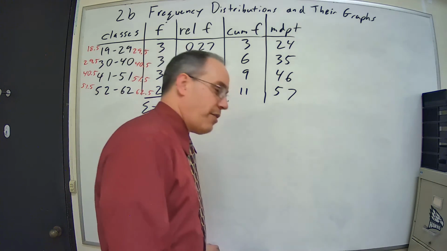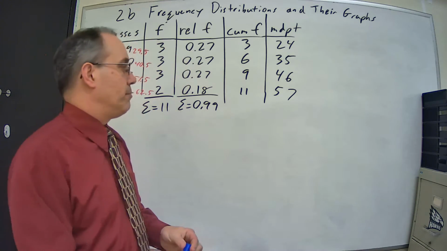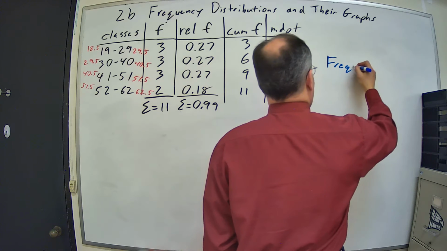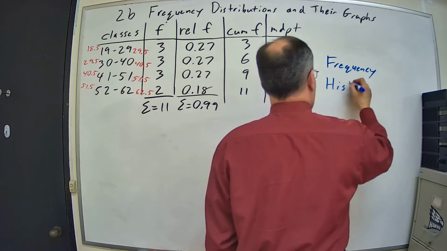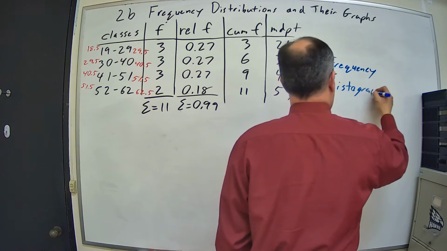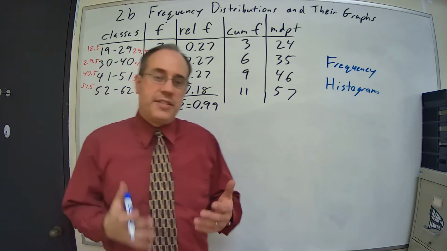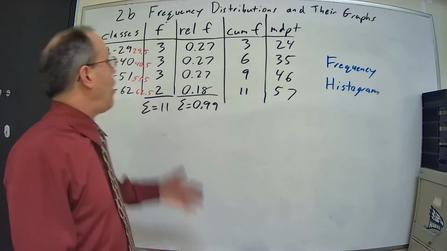Now the first graph that we're going to do is a frequency histogram. Now a frequency histogram is essentially just a bar graph, but for quantitative data.